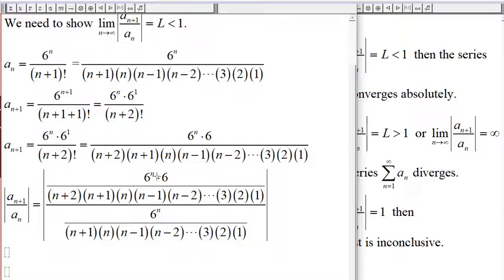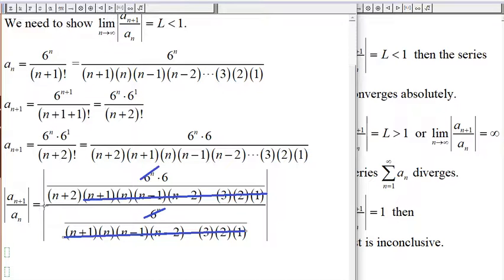And then right here we can see that this 6 to the n will cancel out with that 6 to the n. And then all of this will cancel out with all of these. So what's left is 6 divided by n plus 2.